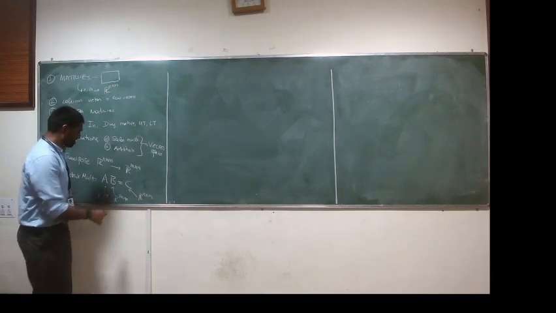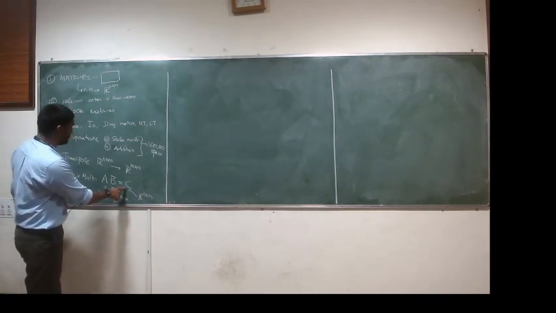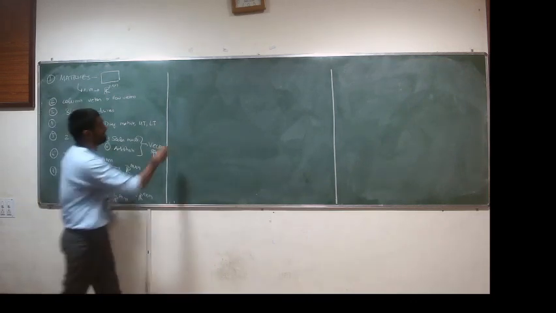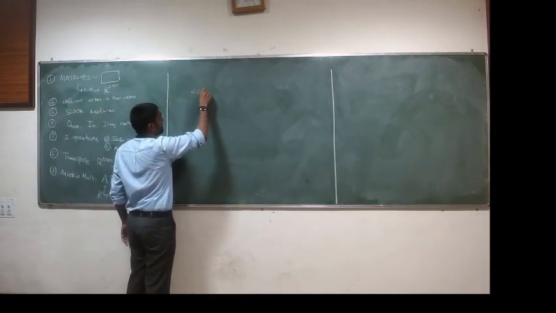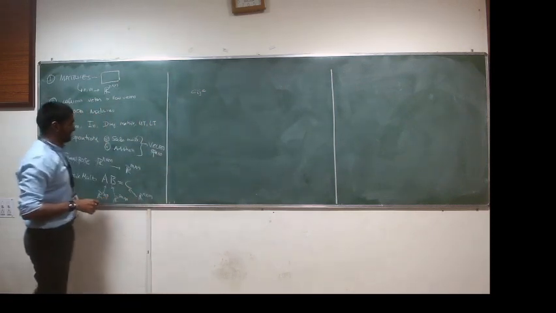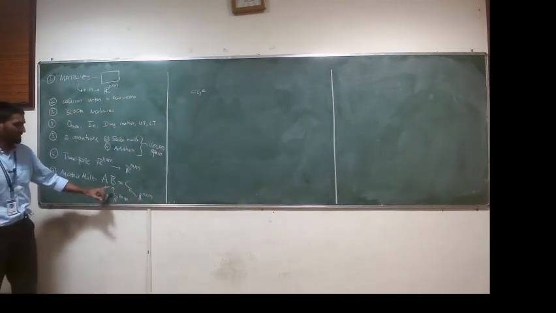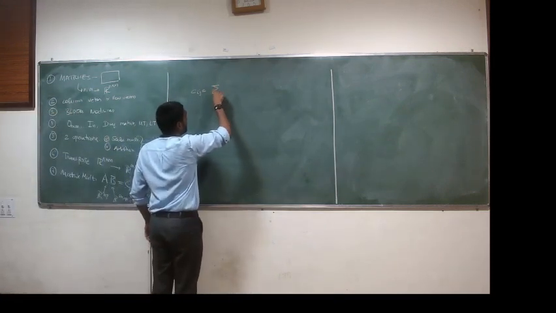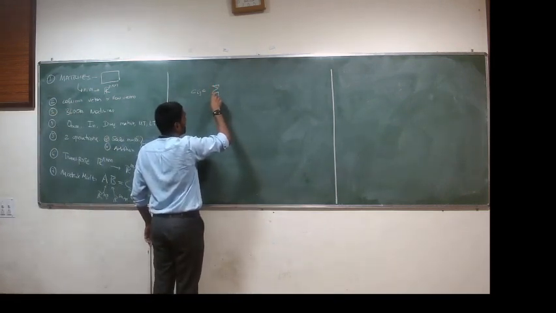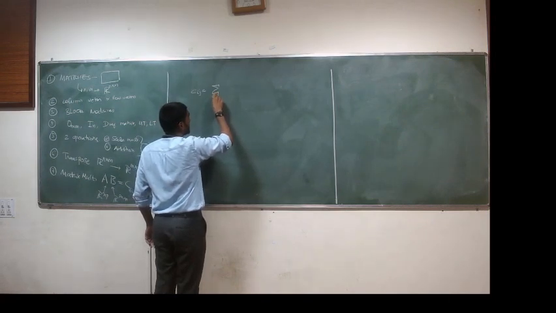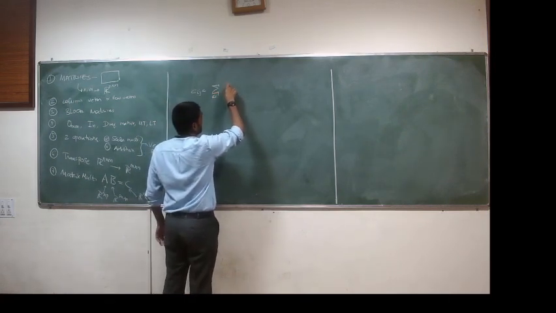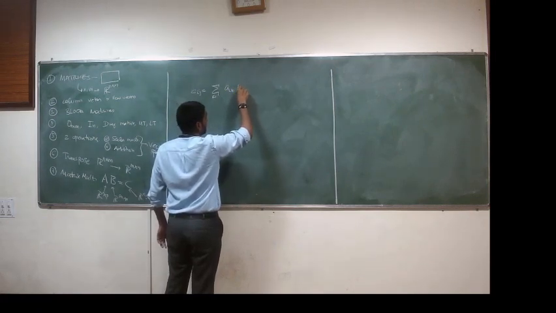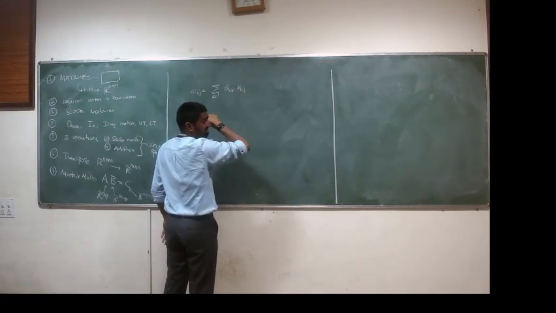And how do you express each element of the matrix C? What is the ijth element of this matrix C in terms of elements of A and B? Summation over what? Okay, some dummy index, k.